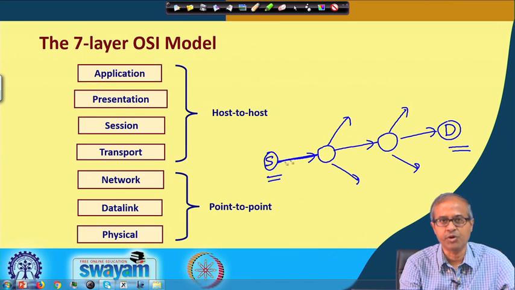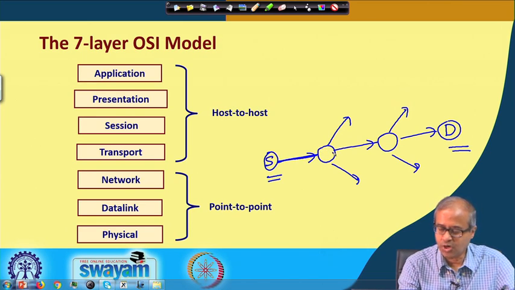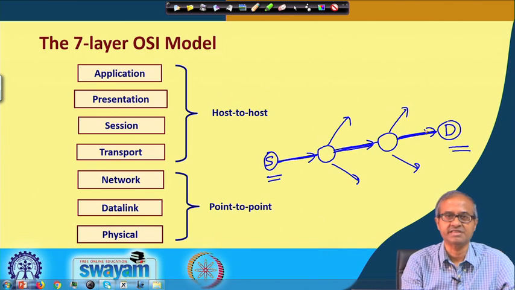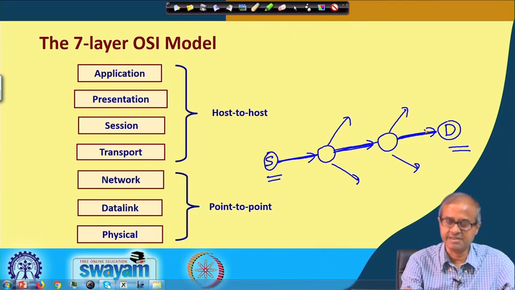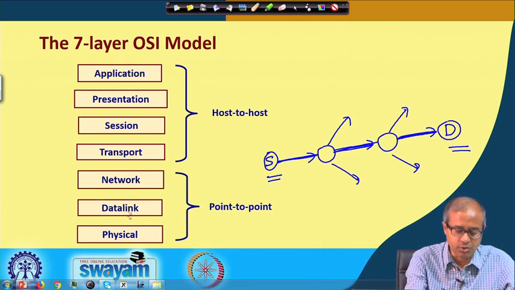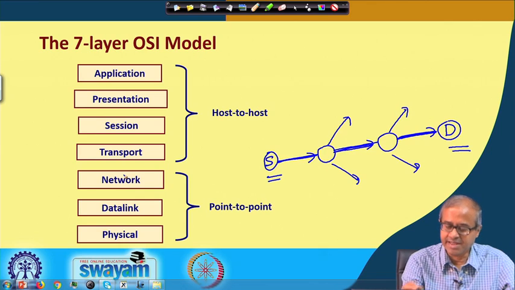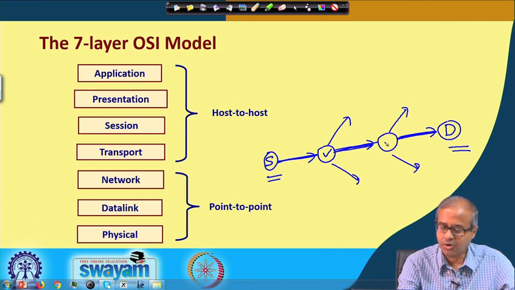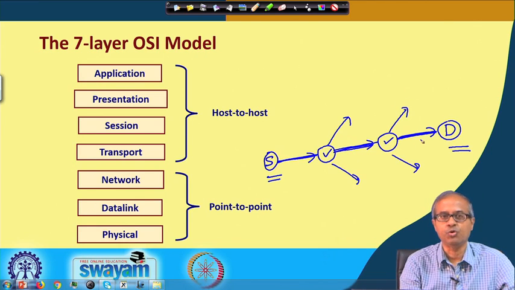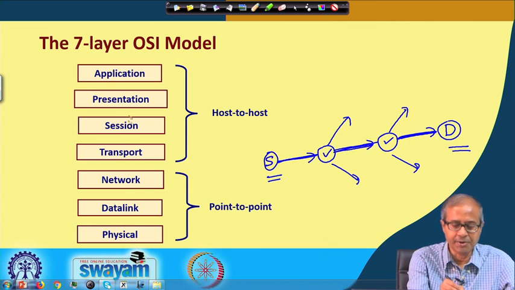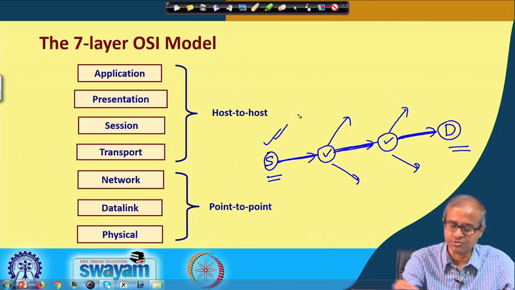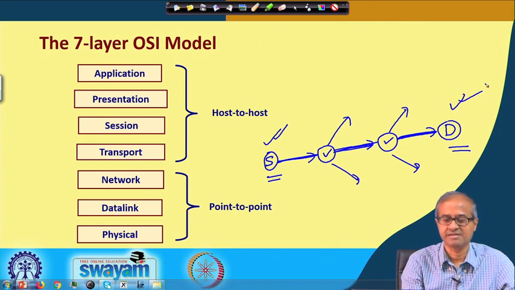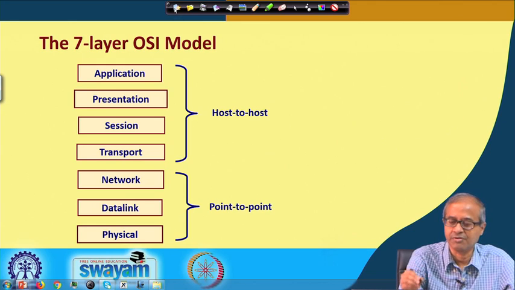There are 3 point to point links here, and the lower 3 layers, physical, data link and network, will be active in all these intermediate nodes also, but the upper 4 will be active only in the source and the destination. I will show a diagram.